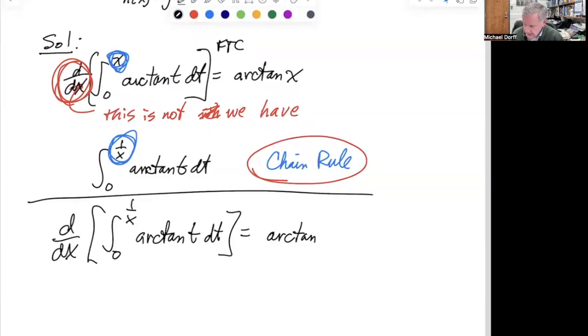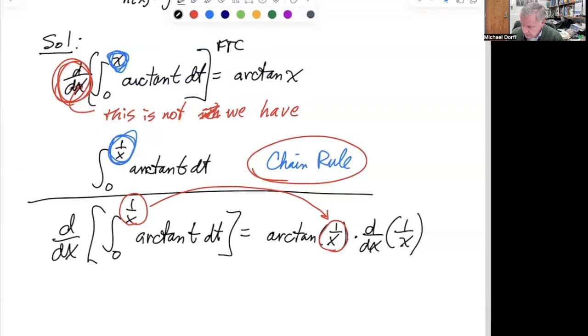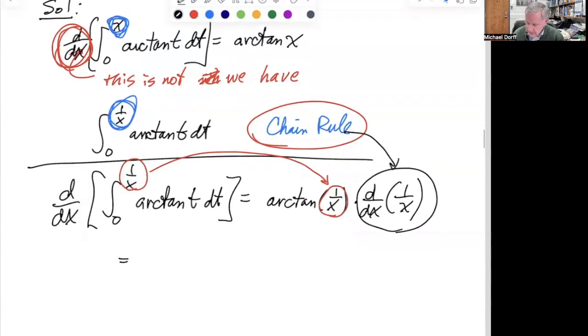I want the arctan of 1 over x, because I replace that in for t. But I'm not done, because then I need to multiply by d dx of what I had here. This is where the chain rule comes in. So I have arctan of 1 over x times d dx of 1 over x.